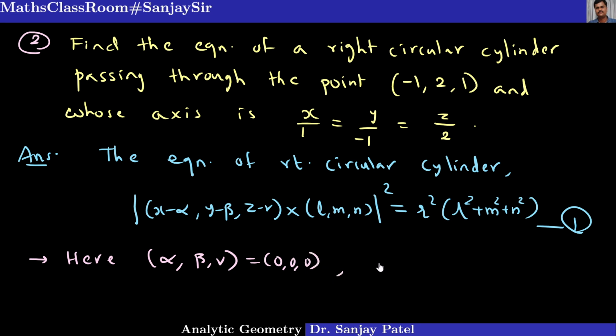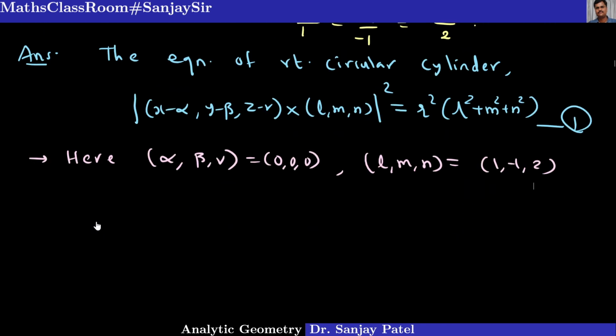And L, m, n, that is the direction of the axis, which is 1, -1 and 2, the denominators here. But remember, the radius r is not given. So we'll keep it as it is and substitute these values in equation 1.